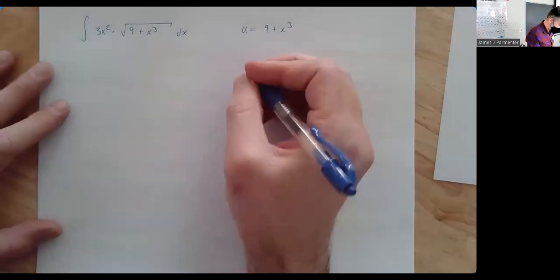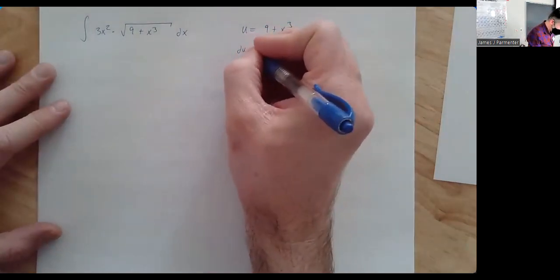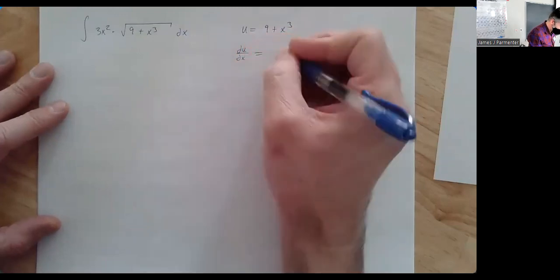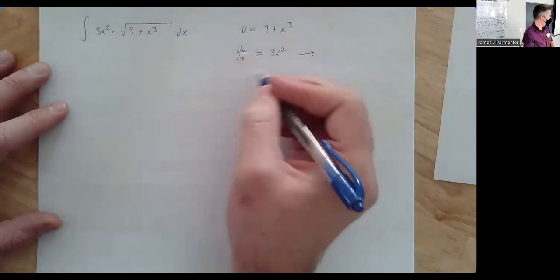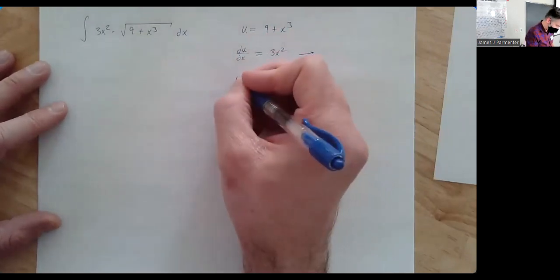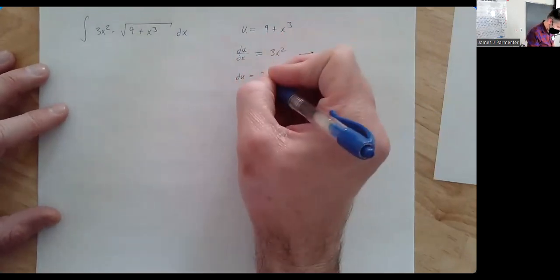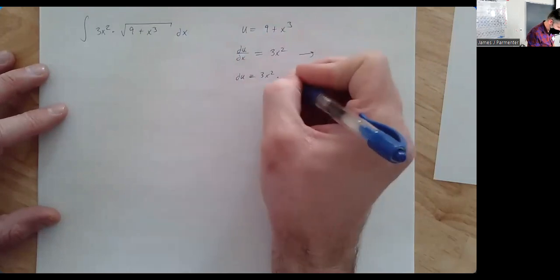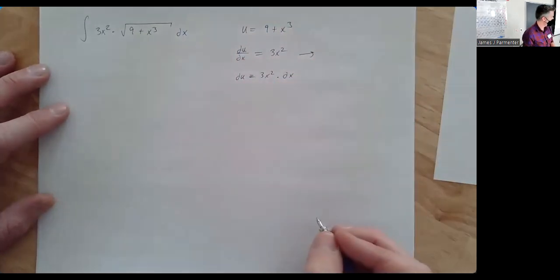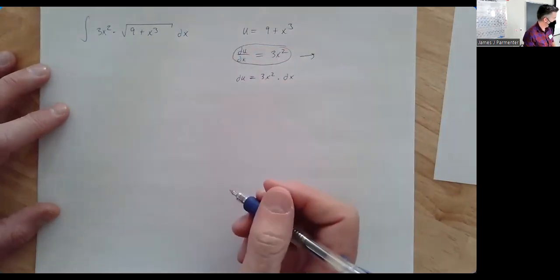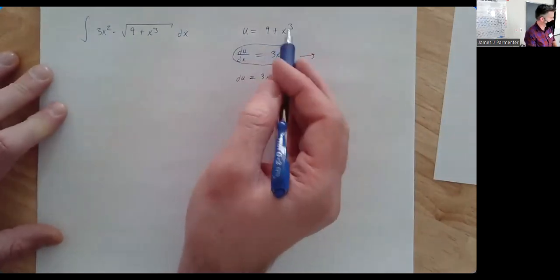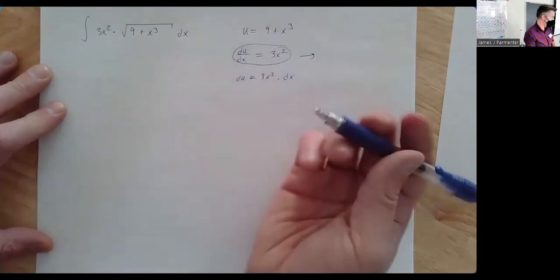So let's see here. Then my du dx is going to be 3x squared. And then often people skip this step and jump straight to saying du is equal to that derivative times dx. They skip this step here. Right, because you take the derivative, and then you're just going to bring the dx over every time.